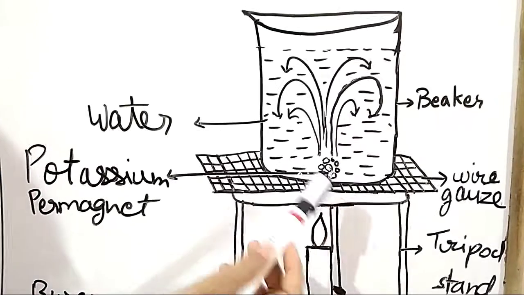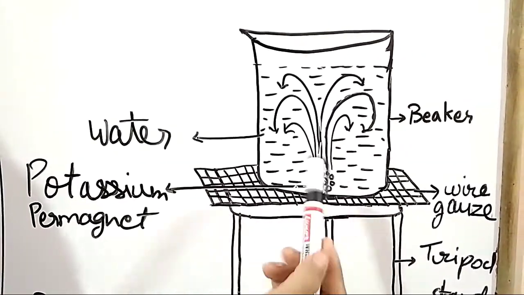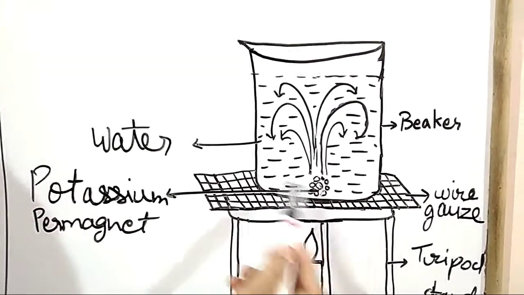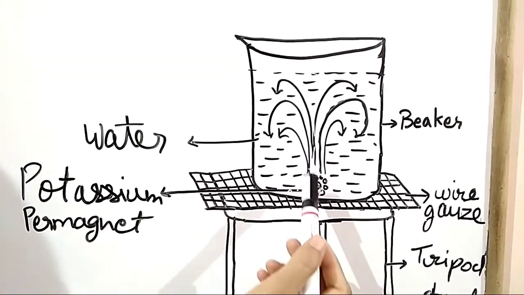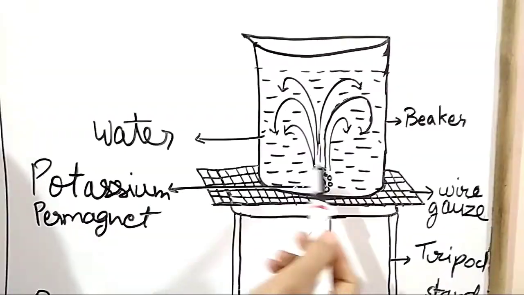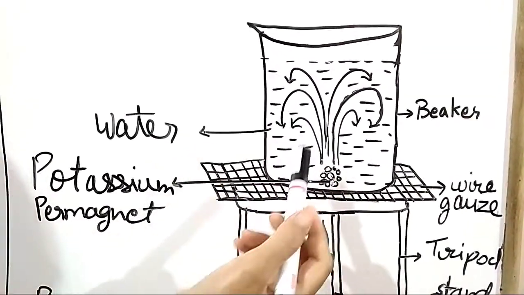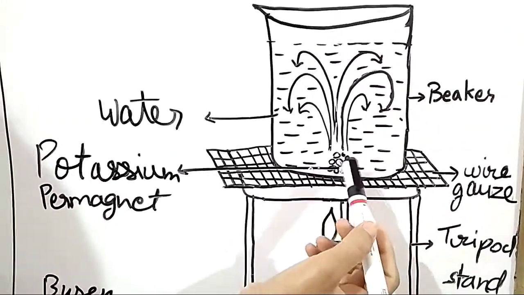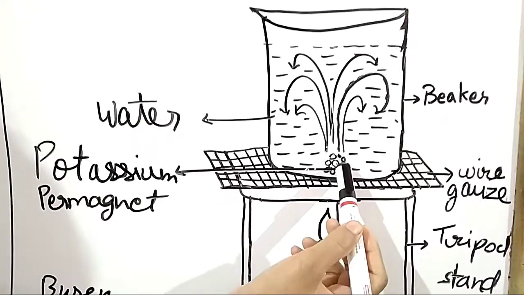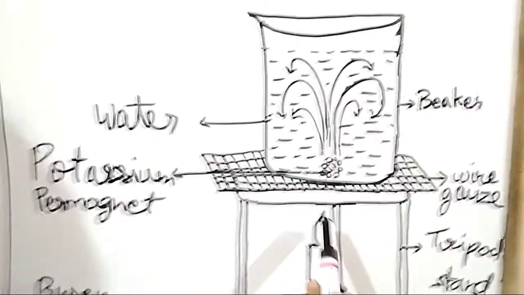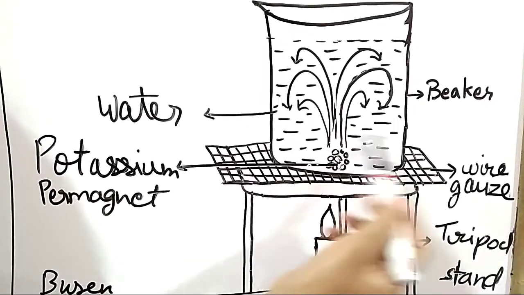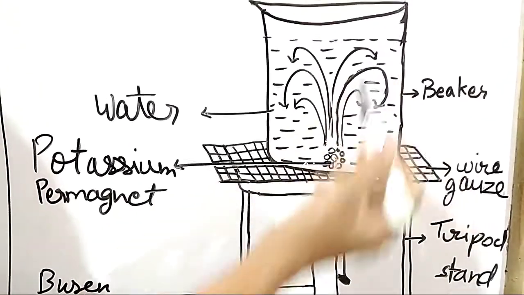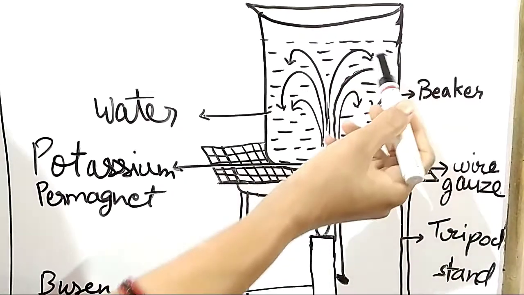Now we will try to understand what happens. Actually, we know air and water are bad conductors of heat. So heat cannot transfer in these two, liquids and gases, like in solids by conduction. So here what happens? When the molecules of the water that are present here get heated, they rise up and go upside.